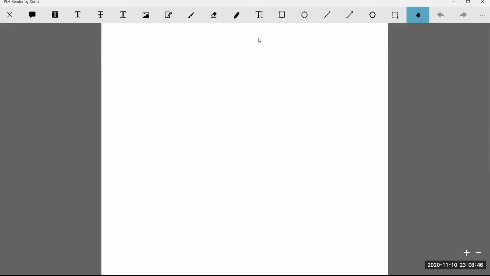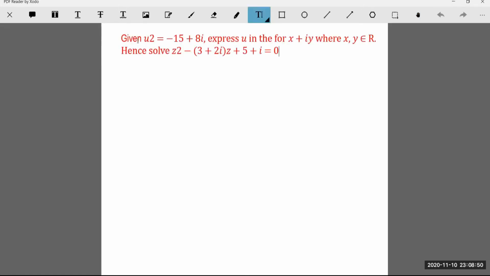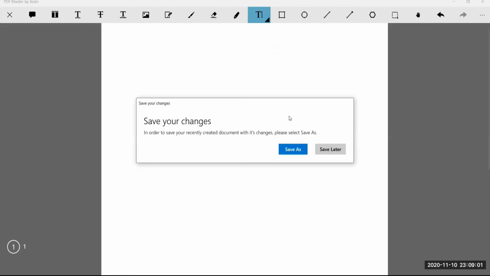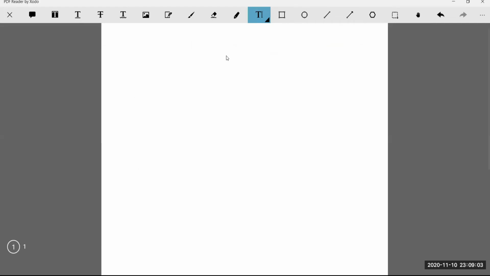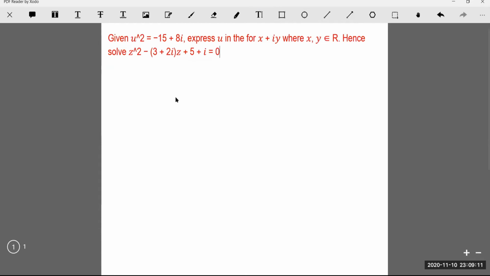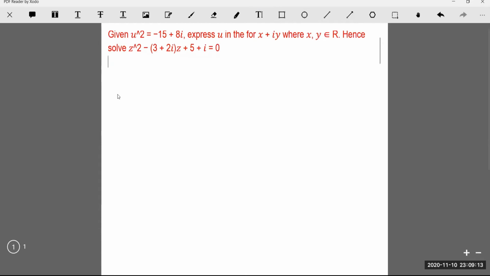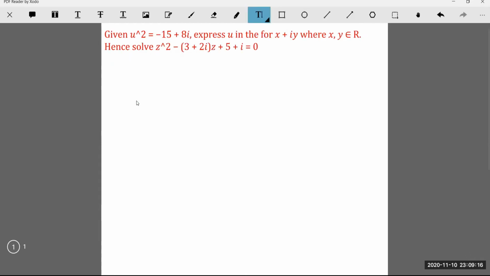So let's see if it was typed in a PDF. Nope, it was typed in Word. So after that, given that u squared, it's a little out of the border, so let's fix it. Yeah, that should be fine now. Now we're good.